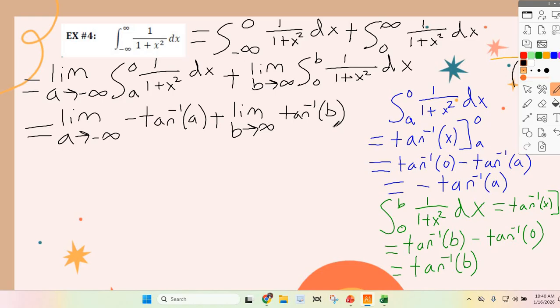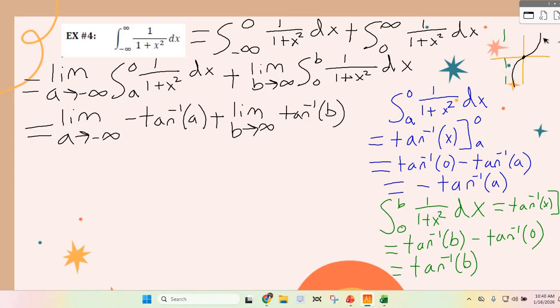So looking at my graph, which is why I said it might be helpful here, notice that I have 2 vertical asymptotes. On the left-hand side, we shoot down towards negative infinity. On the right-hand side, we shoot up towards positive infinity. Do we remember where those occur for our tangent?